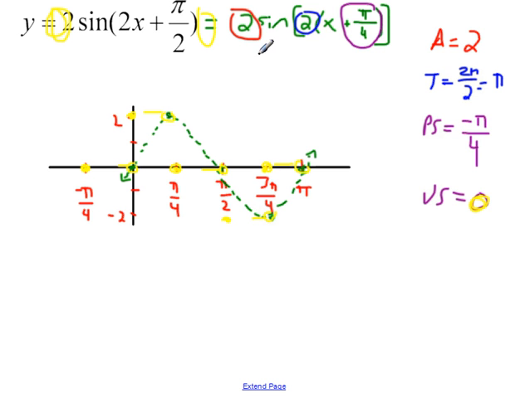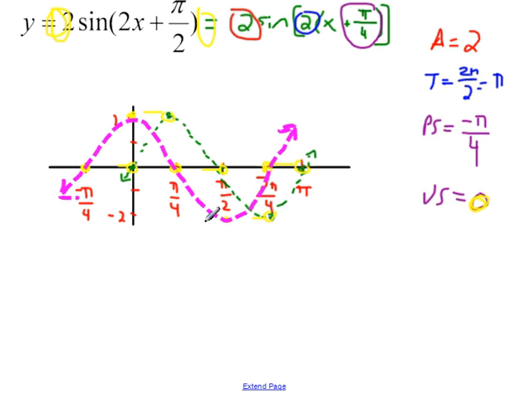So our final graph is actually going to be through those points. And you can see, if you compare the green to the purple dashed graph, all I did is just shifted the graph, or just moved the whole thing to the left by 1 point, or by 0.4, or sorry, by pi over 4.